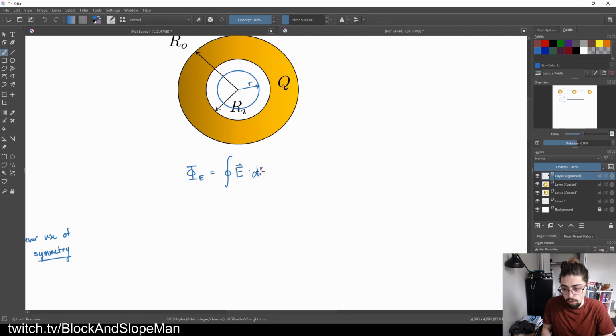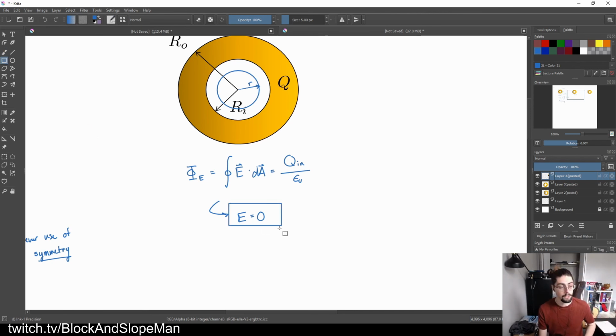And maybe you can already see where this is going. How much charge do I have inside? None. Done. That's it. That's all there is. There's no charge inside. There's no electric field.